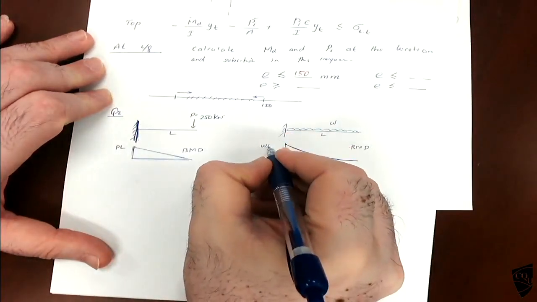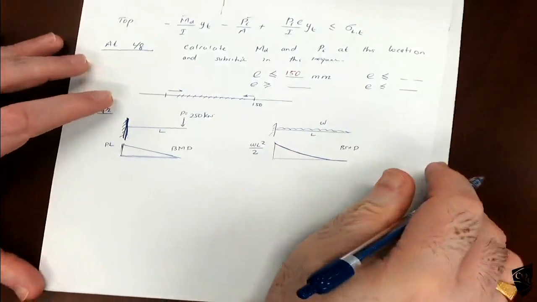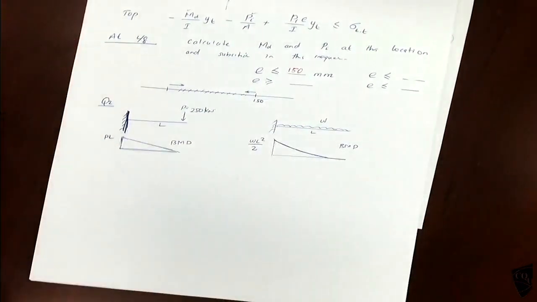This is WL squared by 2. Okay. So L is 5 meter. A 5 meter cantilever beam.